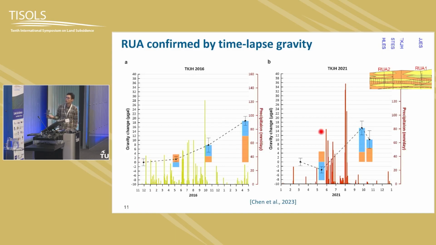But in 2021, the groundwater lost was even much more than in 2016, and the subsidence looks about the same, but it shifts the total gravity change value to -1, and so on.